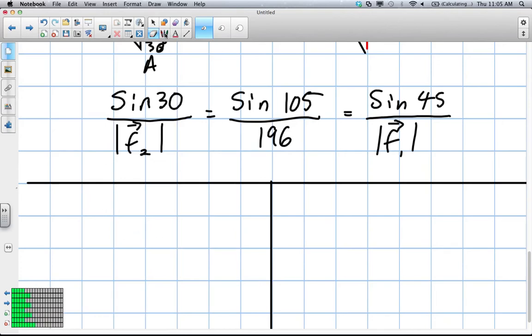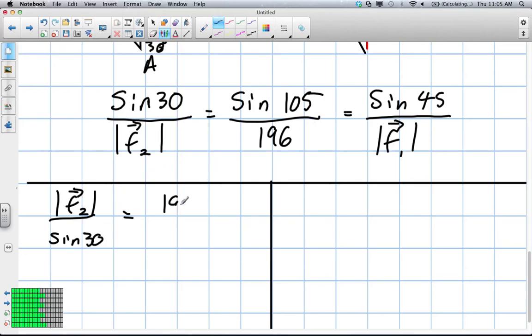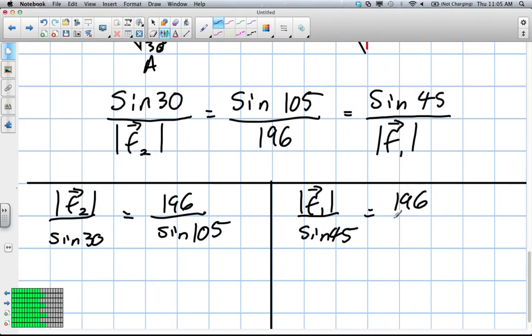So I'm going to put the force on top. Force 2 divided by sine 30 is equal to 196 over sine 105. Same idea over here. Force 1 divided by sine 45 is equal to 196 divided by sine 105.